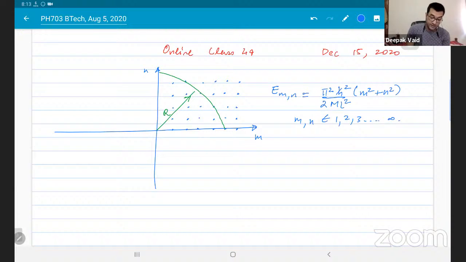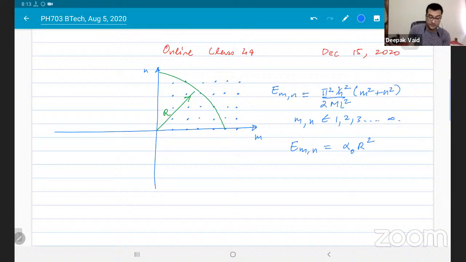Then you can see that this energy can be written in terms of the radius of the circle. It can be written as pi square and so on, and I'll just call all of this some constant alpha naught times r square.